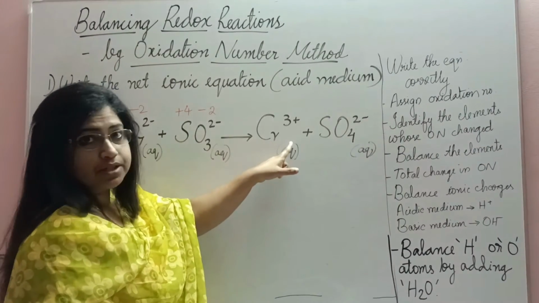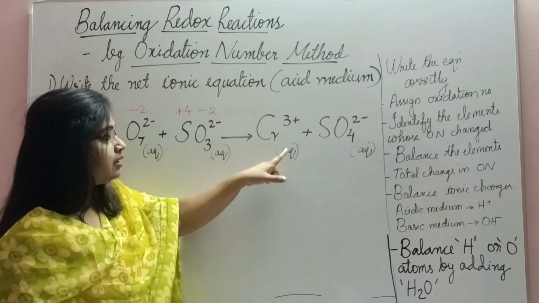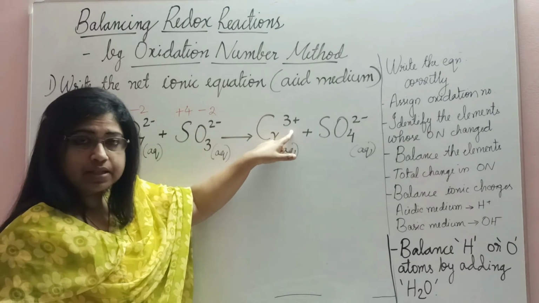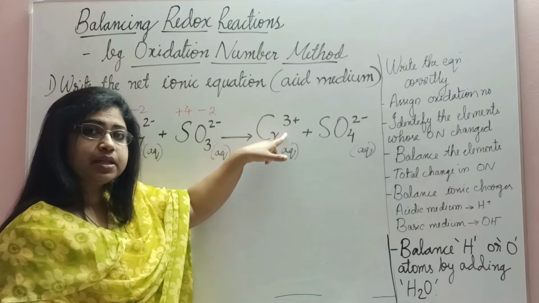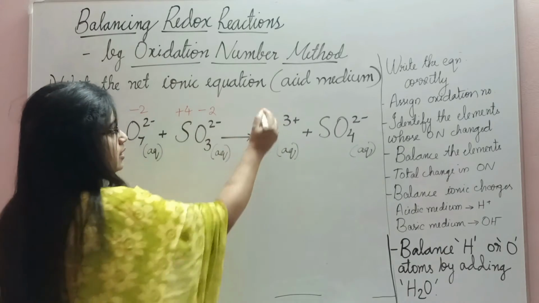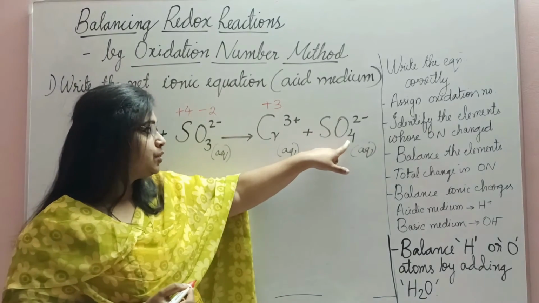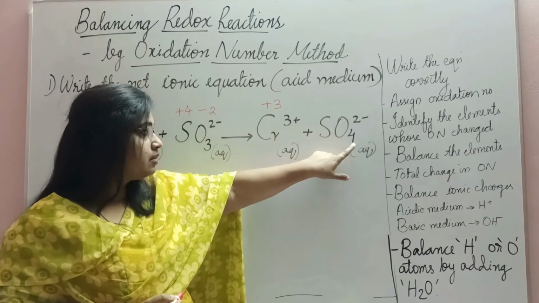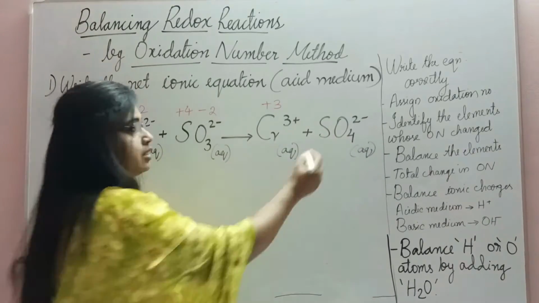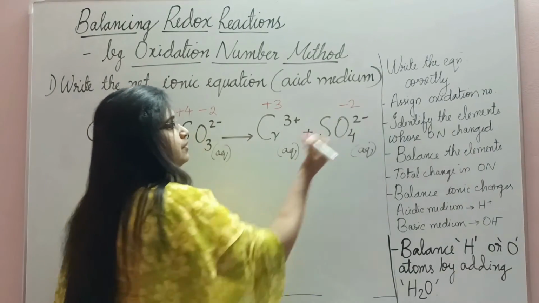Now let's calculate the oxidation numbers on the product side. This is already a chromium 3+ ion. For the chromium 3+ ion, the oxidation number is its charge, that is +3. Now coming to the sulfate ion, oxygen's oxidation number is -2.